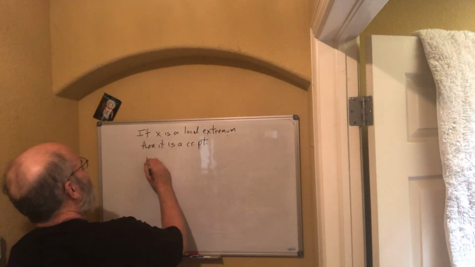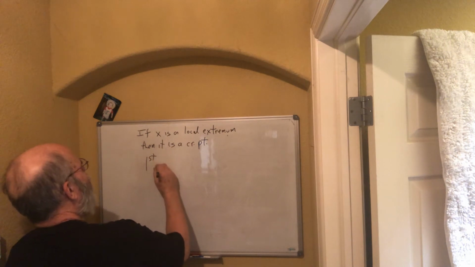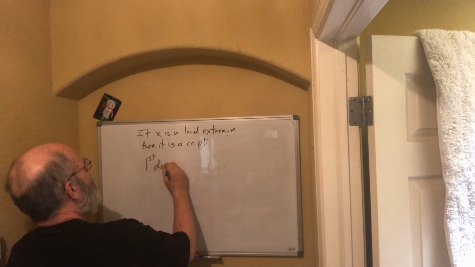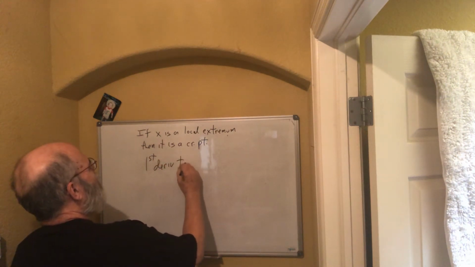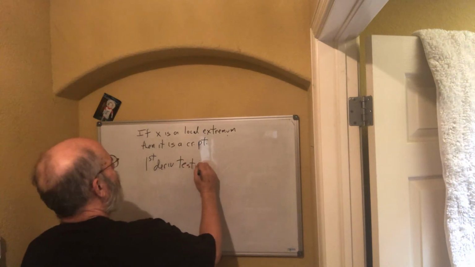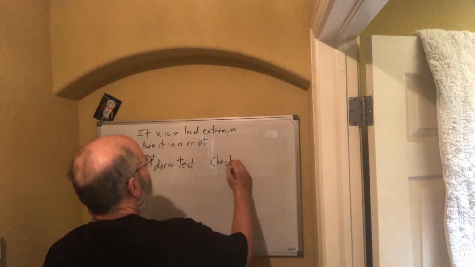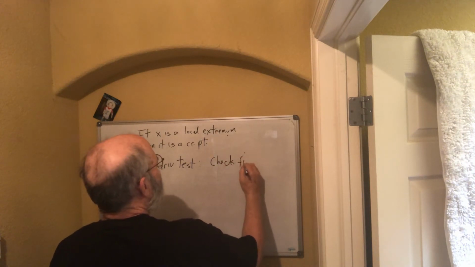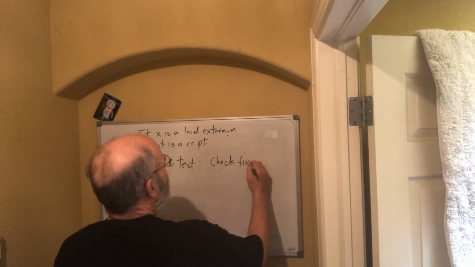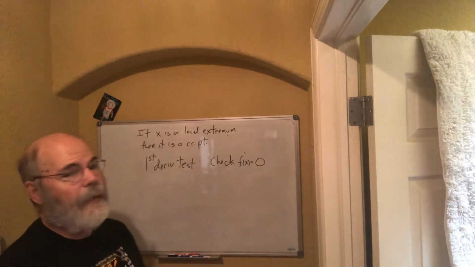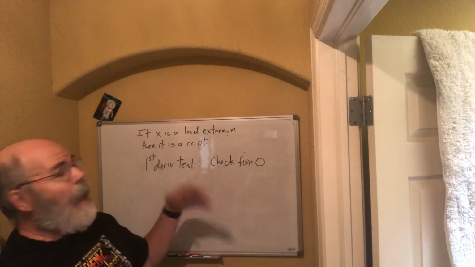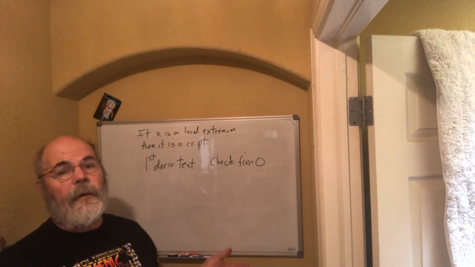Anyway, there's a couple things that you do to find this out. There's a so-called first derivative test, and all you do there, of course, is check and see if indeed that's the case. If it's not, you can forget it because it can't be an extremum.